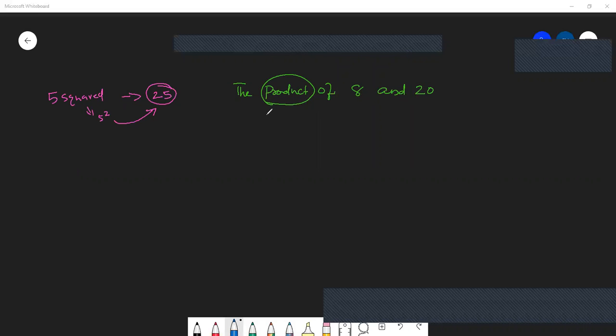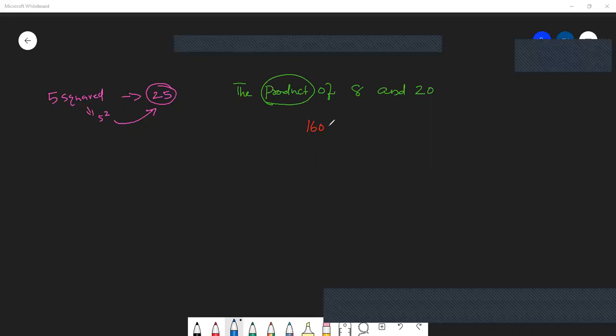But you know product means the multiplication operation. So without any doubt, in a single step, you need to multiply 8 and 20. 8 times 20: 8 times 2 is 16, so the answer is 160. For part of a problem, you can straight away write the answer 160.